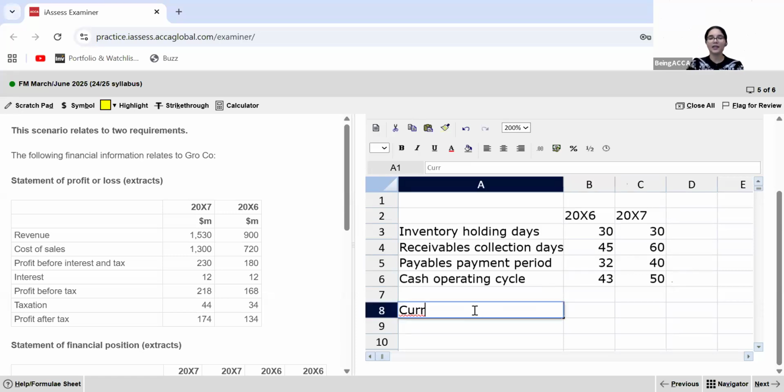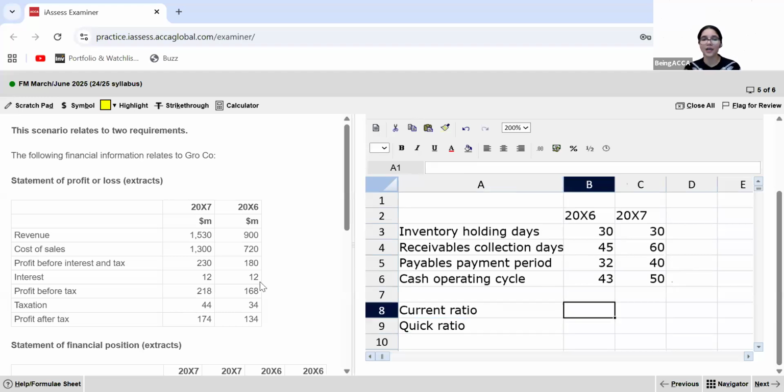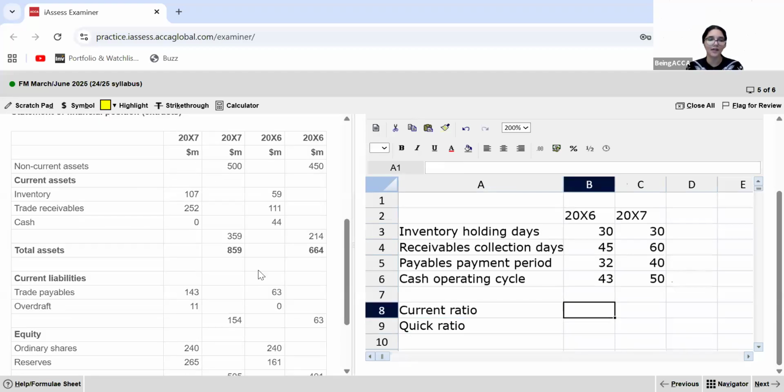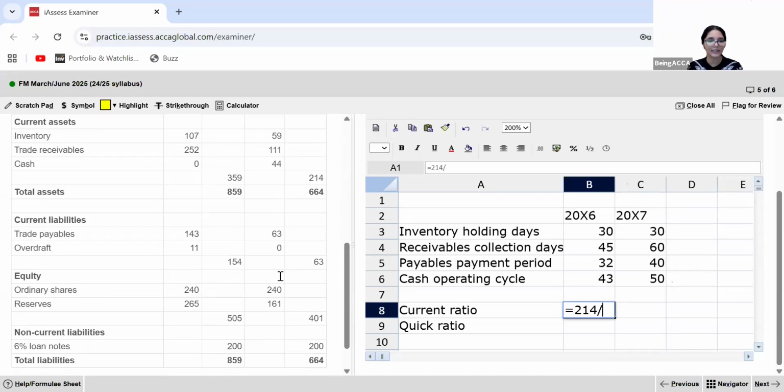Another thing we can calculate here are the current ratios as well as the quick ratios. We know the formula for that also. We take the total of the current assets and divide that by the total of current liabilities. The total of current assets in 20x6 is given as 214, and this needs to be divided by the total of current liabilities, which is 63.